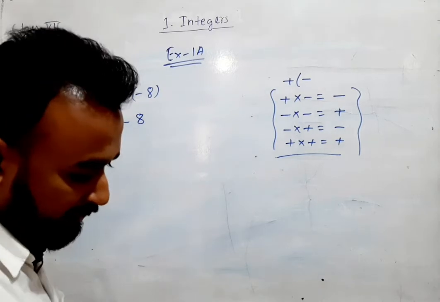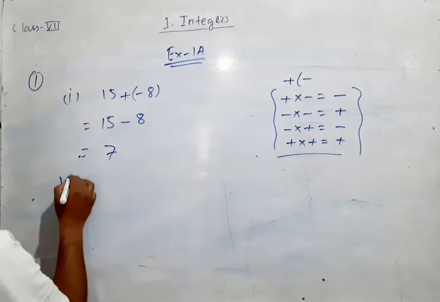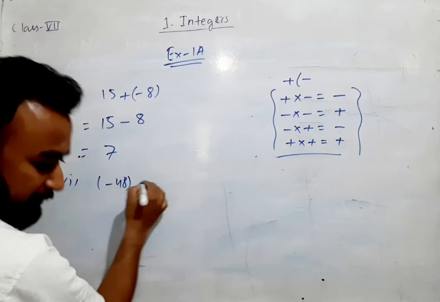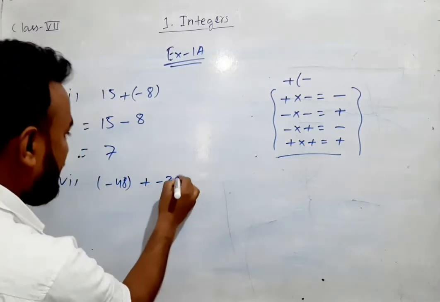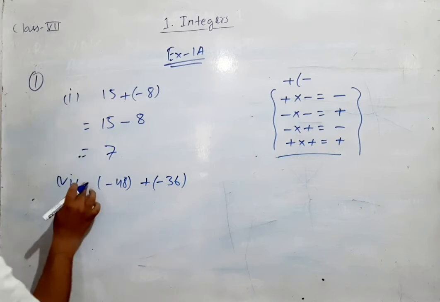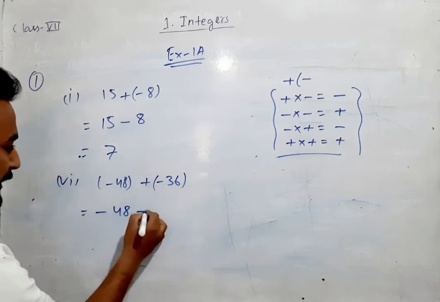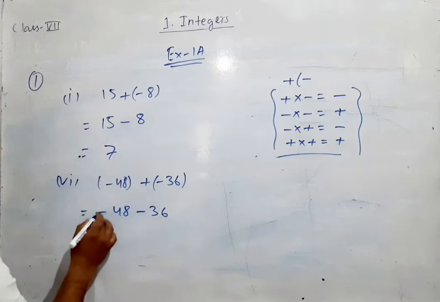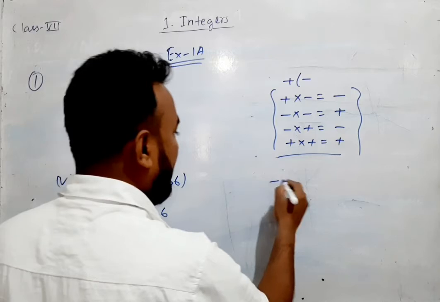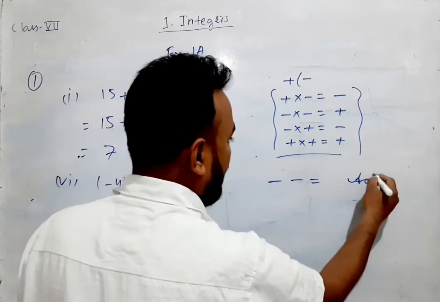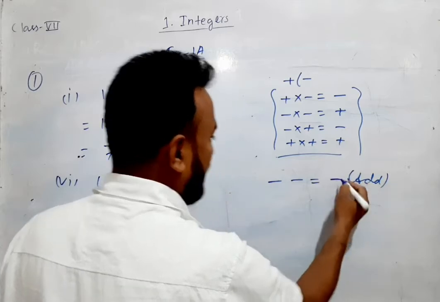I am taking another question, number 6, which is -48 plus -36. Here plus into minus gives -36, and we have -48. Whenever you have two or more numbers with a negative sign, you have to add them and put the negative sign before the number.